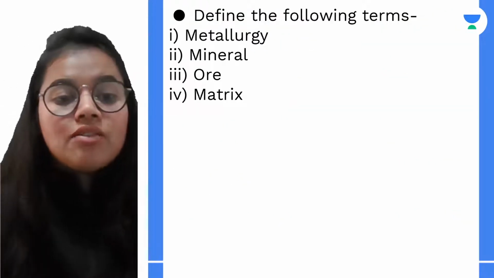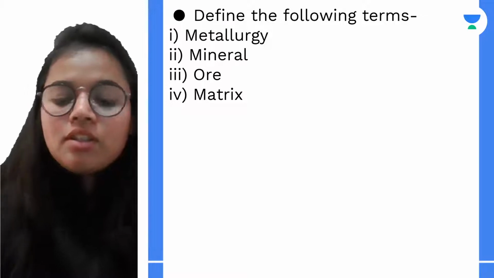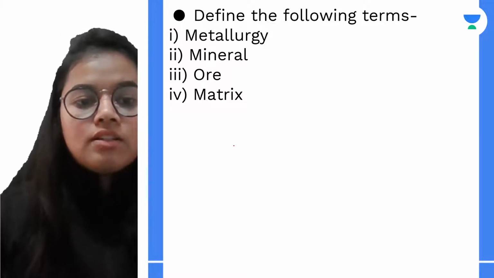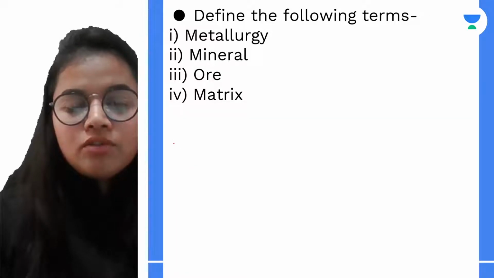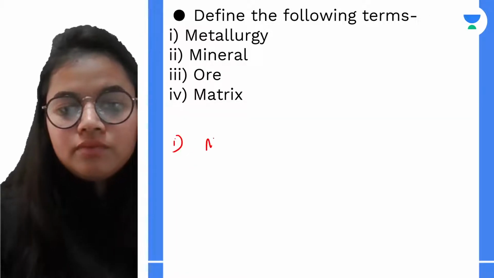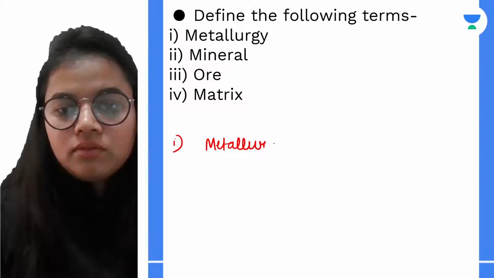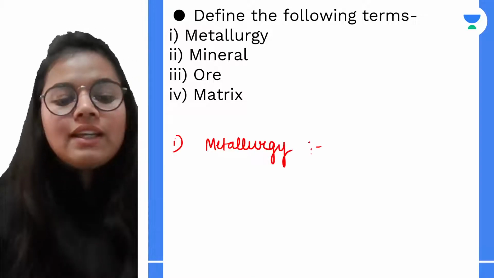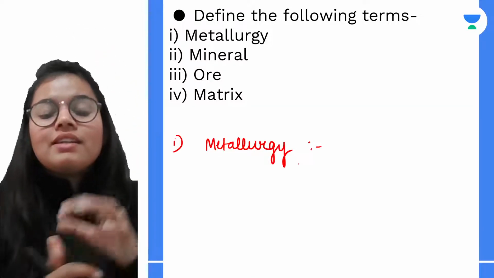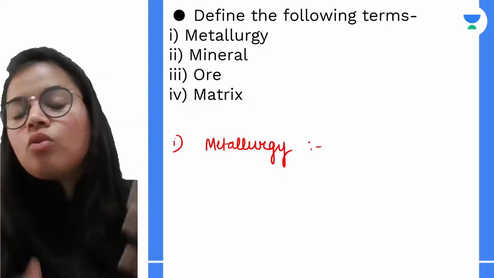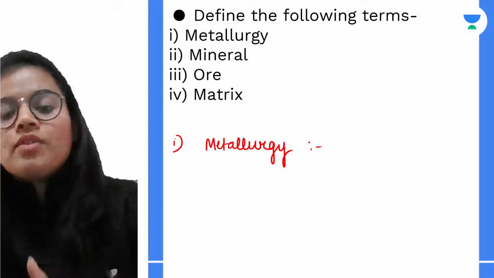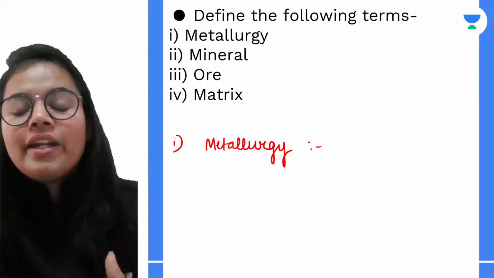Now define the following terms. The very first is metallurgy. So what is metallurgy? It is the process in which the ore undergoes various processes to extract the metal out of it.